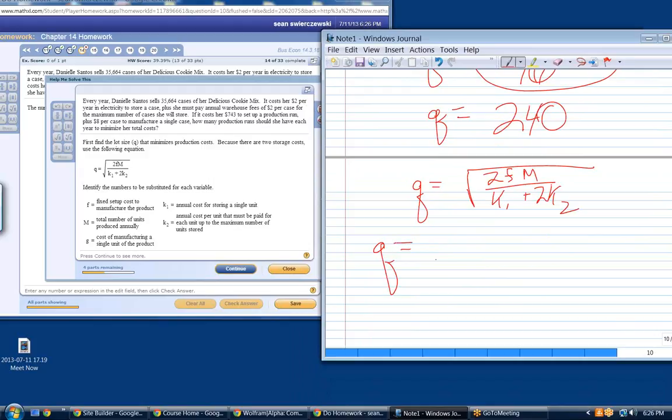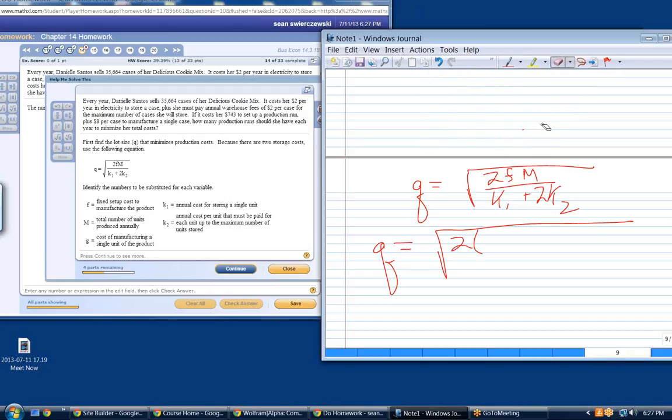So F is the fixed setup. What is F? F is the setup cost. Well, in our problem, what is F? 743.